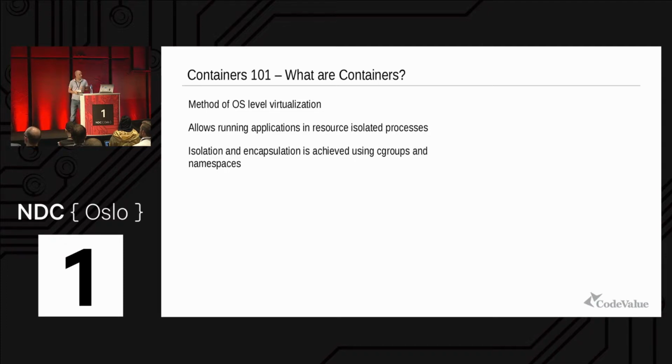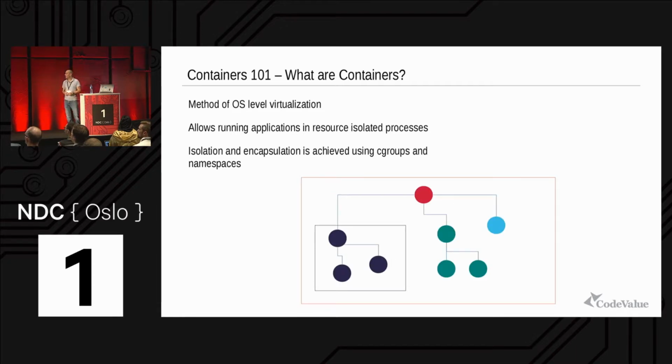Now that isolation and encapsulation is achieved using two features called namespaces and control groups, which basically give us something like this, all right? This little box over here, that's a container. That's a namespace, which is isolated from the rest of the processes in the system.